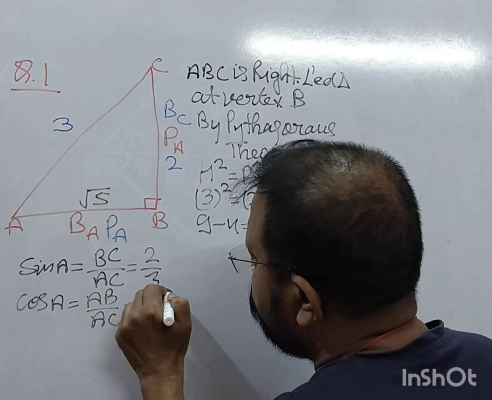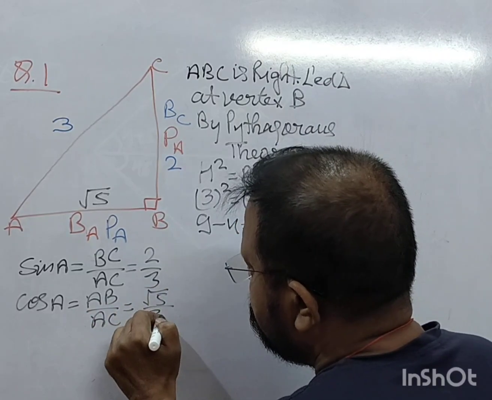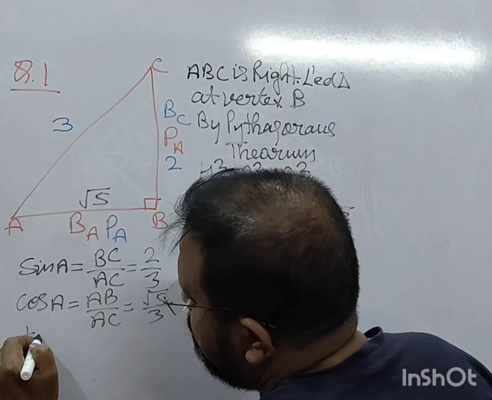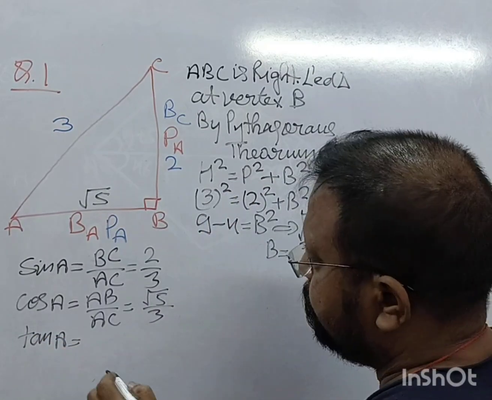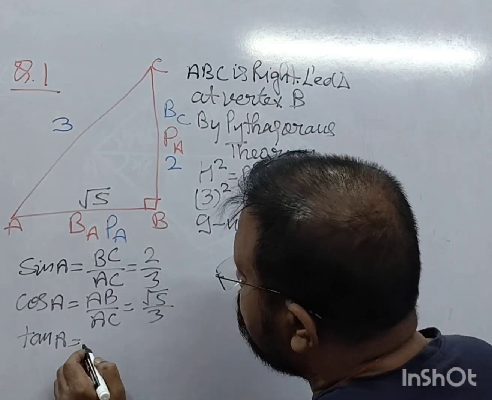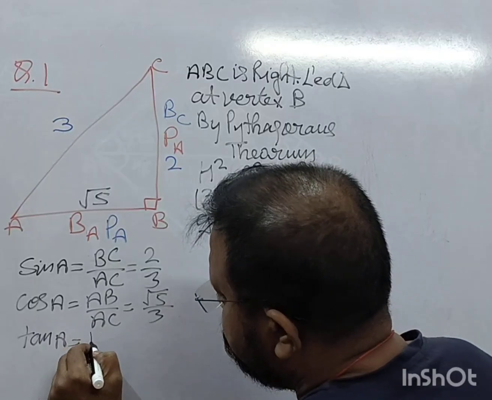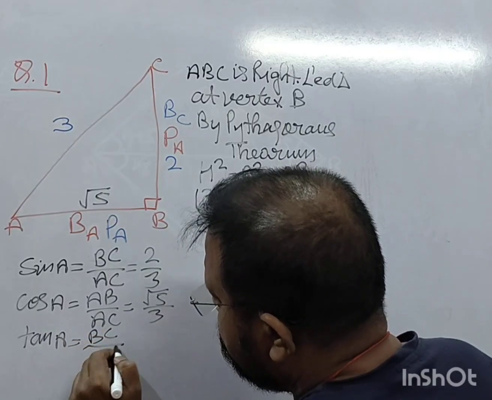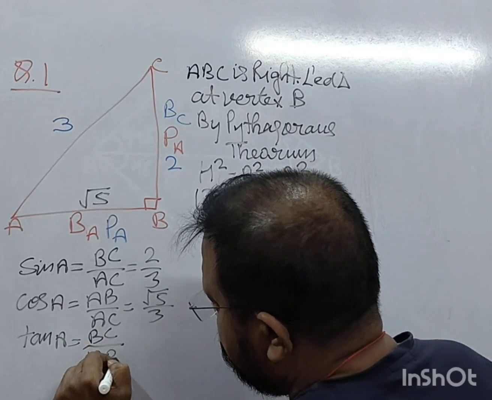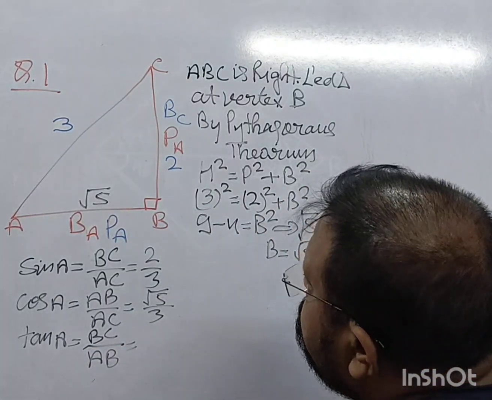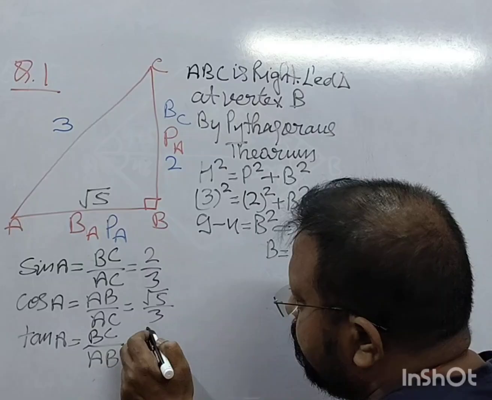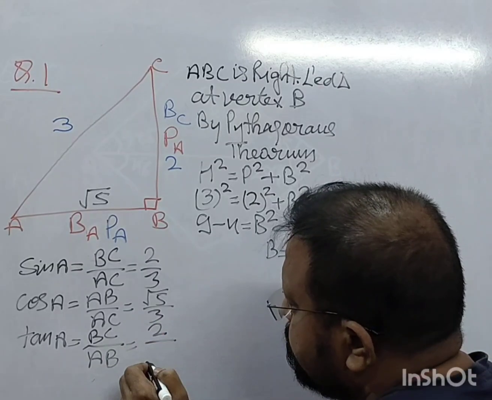It becomes root 5 upon 3, and tan A is equal to how much? Tan A is equal to BC upon AB, right? So BC is 2 upon root 5. Is it? Yes, sir.